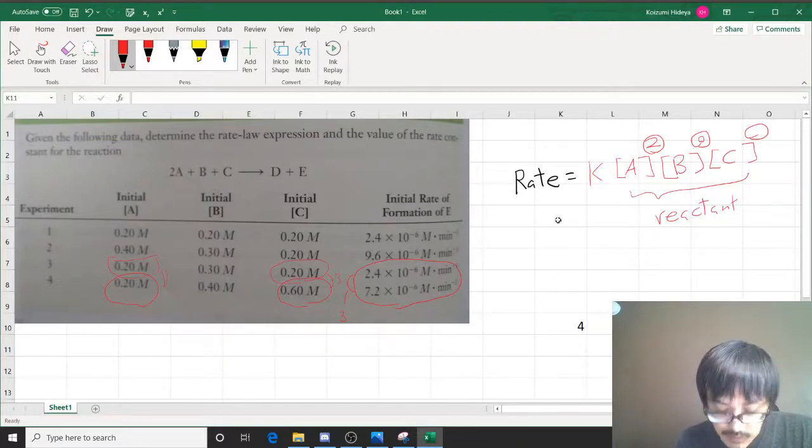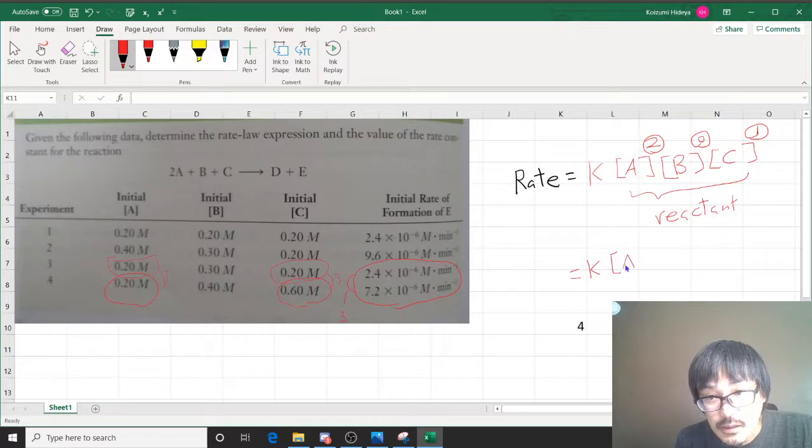That means this is linear, meaning the power is 1. So we got K times A squared times B to the power of 0.